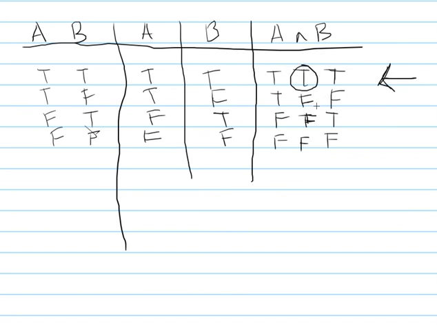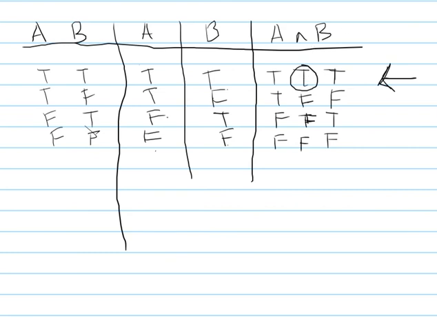It's fine for there to be possible cases in which the conclusion is false, but those have to be cases in which at least one of the premises is itself false. So in every row in which all the premises are true, and that's just the first row, the conclusion is also true.